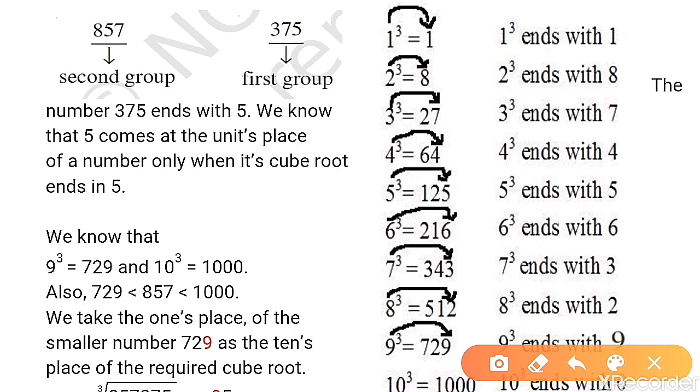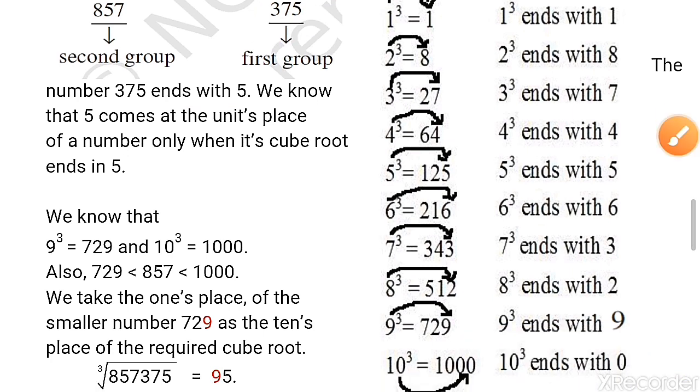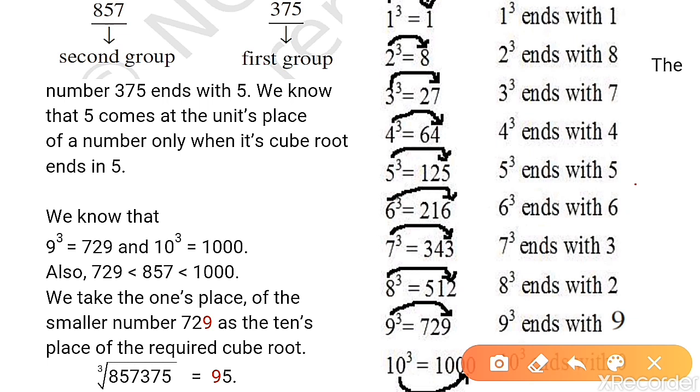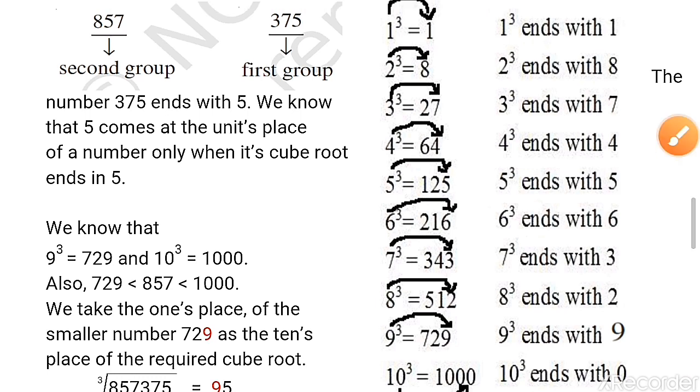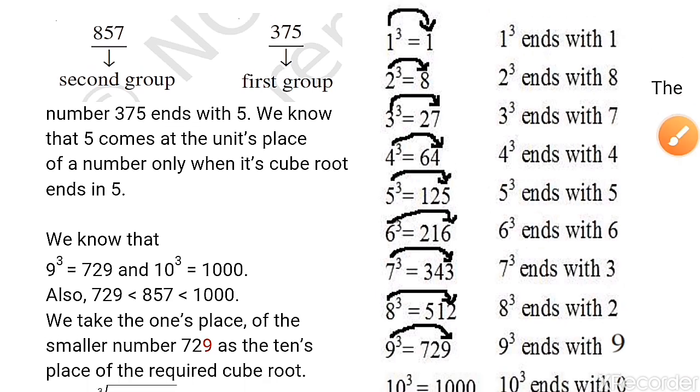Now see, 375 ends with the digit 5. In this table you will see that 5 cube is 125, so only 5 has a cube ending with 5. None other than 5 ends with this digit.